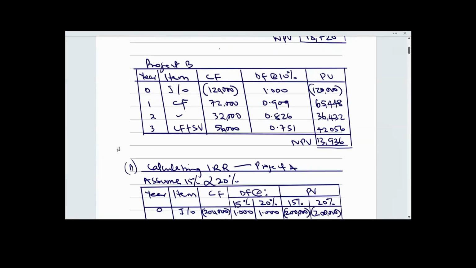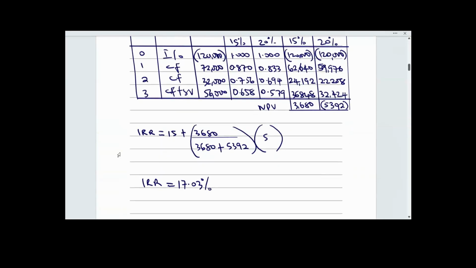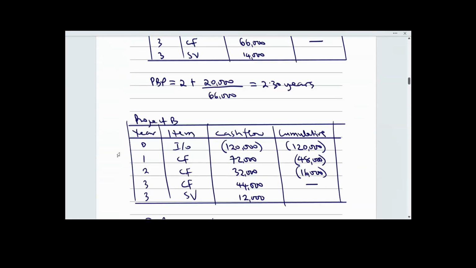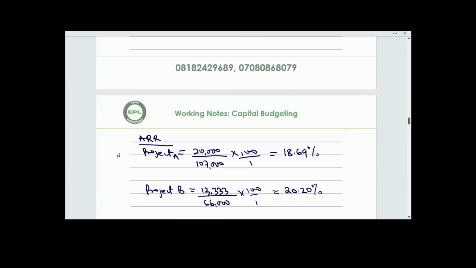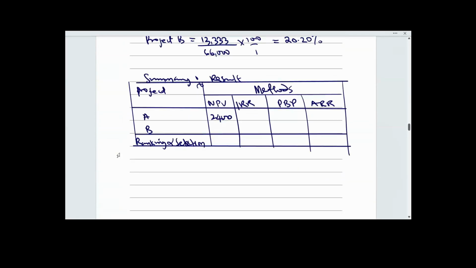Then project B is 13,936. Is it 956 or 936? 936.